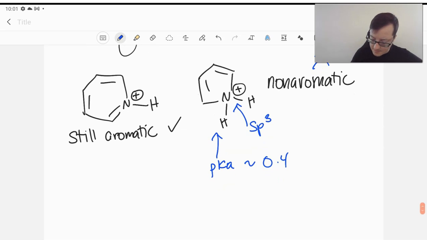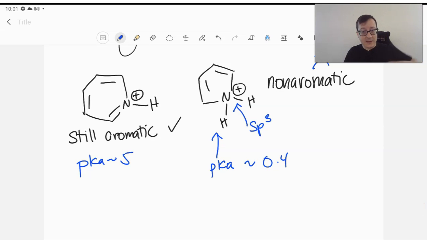The pyridinium has a pKa of about 5 or so. So we see, again, this difference in very similar molecules that we have about a 1 to 100,000 preference for keeping your aromaticity here.